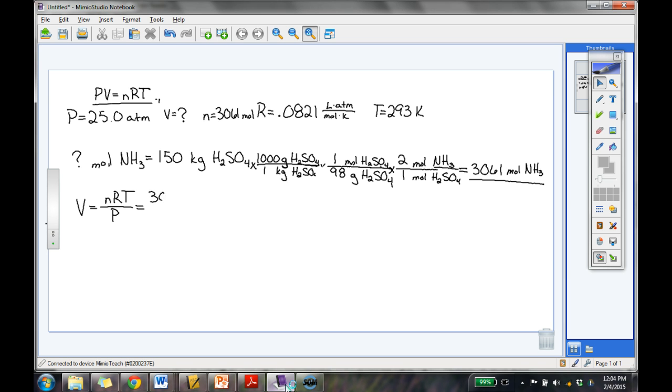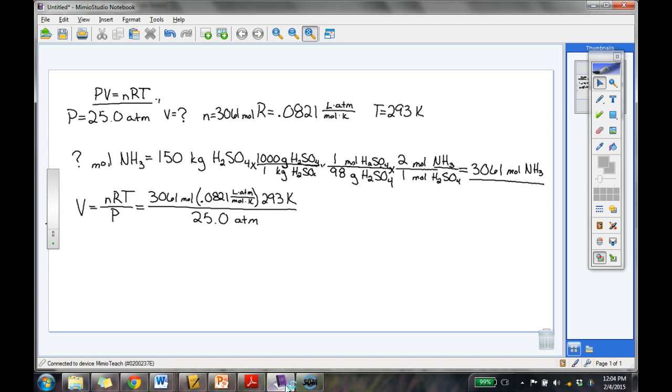Then we just plug in our numbers. We have 3,061 moles, our R value of 0.0821 liter atmospheres over mole Kelvin, and our temperature of 293 Kelvin, all over our pressure, which was 25 atmospheres.